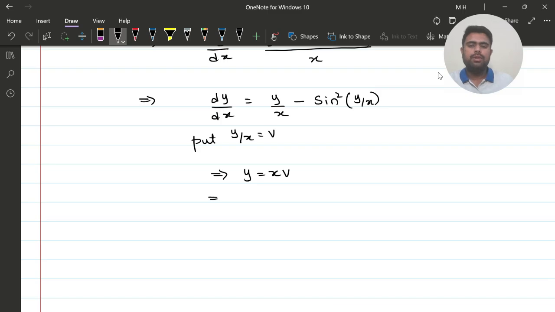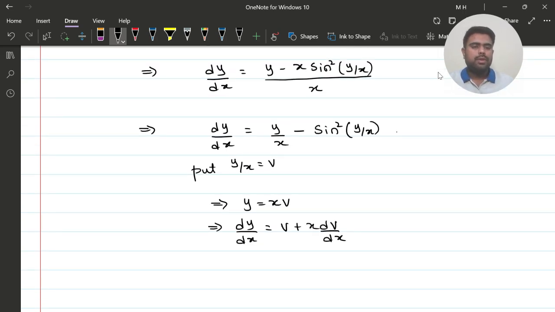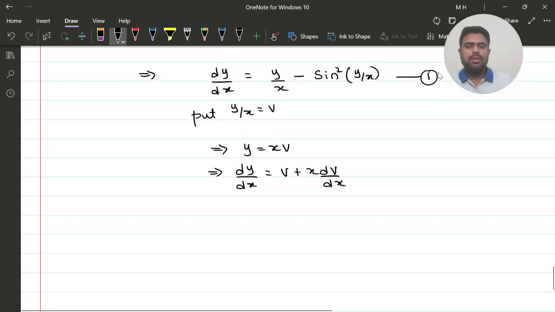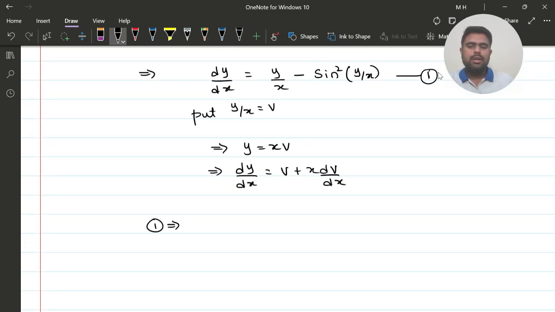If I differentiate this with respect to x, I will get dy by dx equal to x derivative 1 times v as it is, plus x as it is, derivative of v is dv by dx. Okay, so if I call this equation 1, equation 1 gives what? dy by dx on the left hand side is v plus x dv by dx equal to y by x, that is v, minus sin square y by x, is v again.